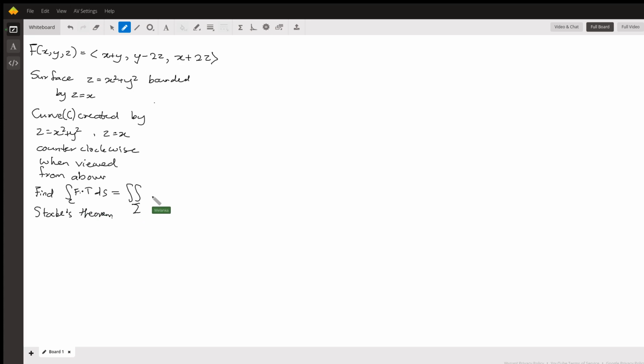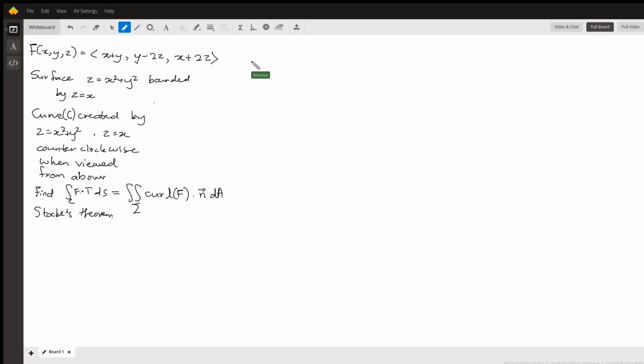We will explain that later. And then we take the curl of F and we take a normal vector to the surface and we do this surface integral. So this is what is called Stokes theorem.